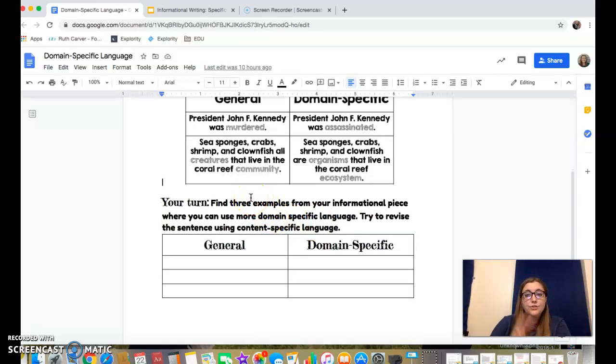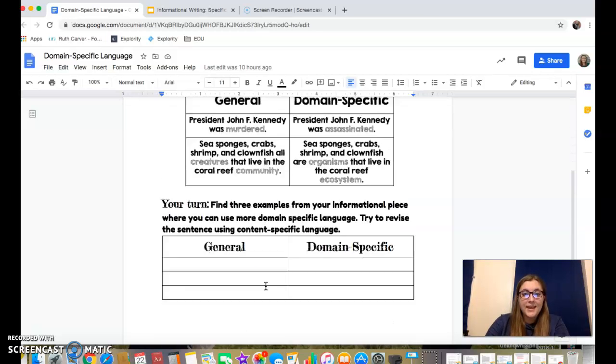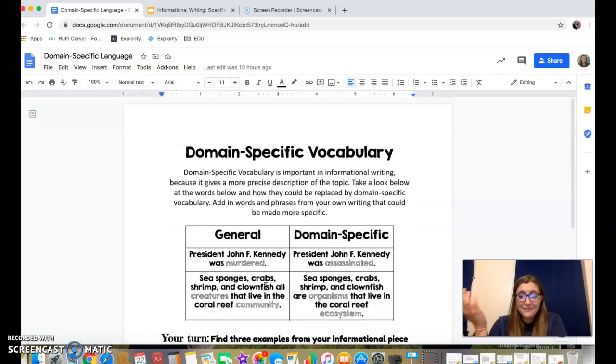So you're going to find those 3 examples, and you can write the sentence here. And you're going to try to come up with a way to make them more domain specific. So can you make it more precise? Can you make it relate to the topic? And can you revise those things in your essay? So when you do that, you're going to fill up this chart. And that is it for us today.